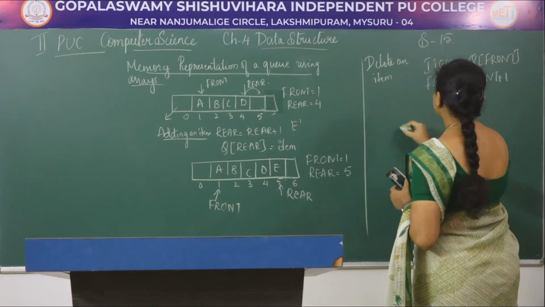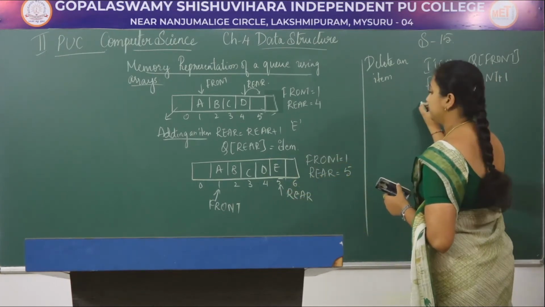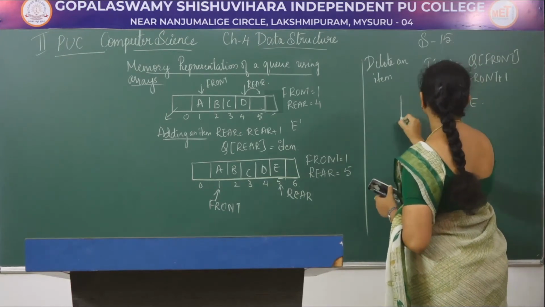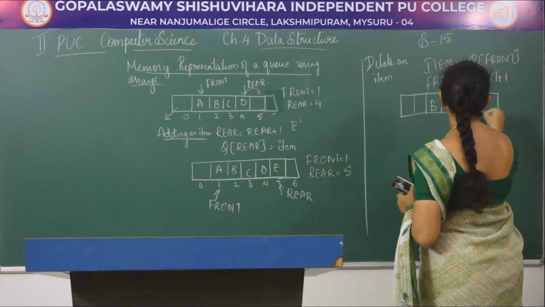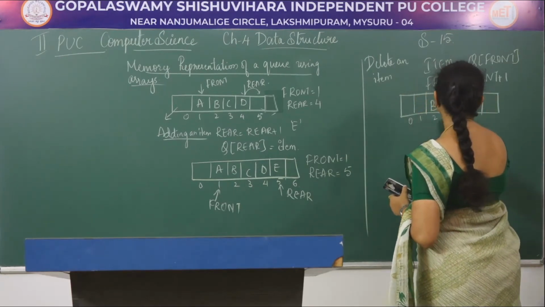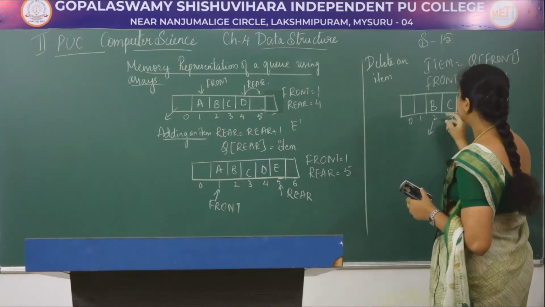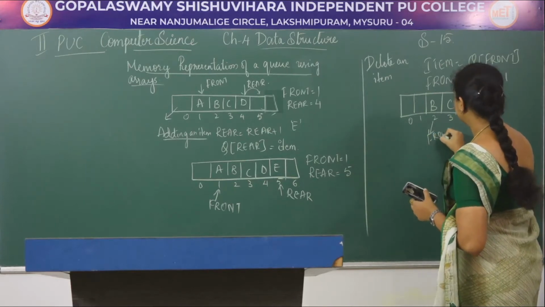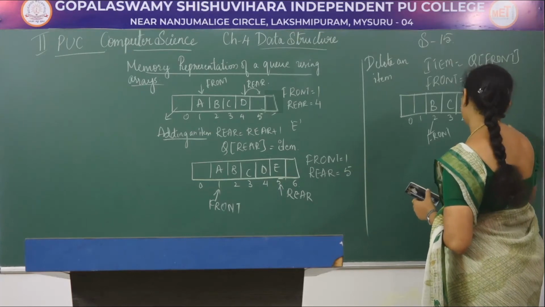So now the array becomes smaller. Now the front becomes front plus 1, and rear will be the same.